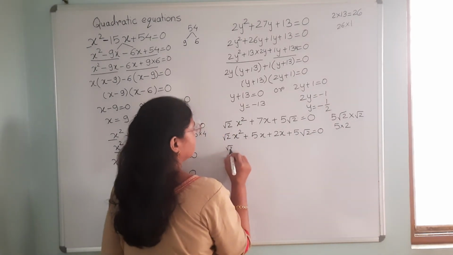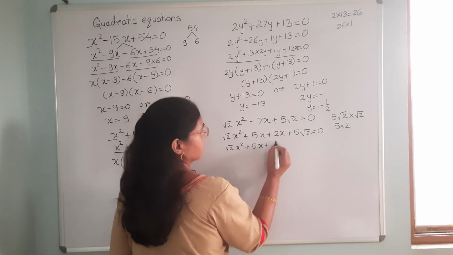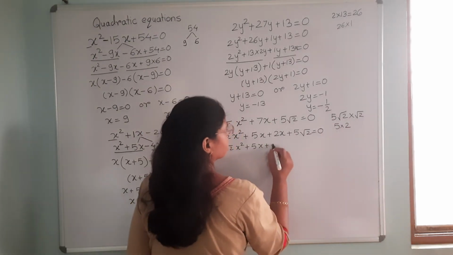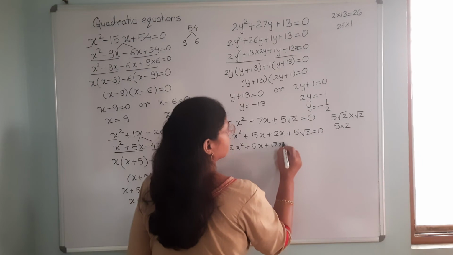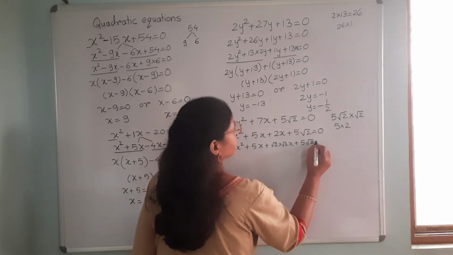Here under root 2 x square plus 5x plus, we know 2 is the product of under root 2 into under root 2. So under root 2 into under root 2 x plus 5 root 2 equal to 0.